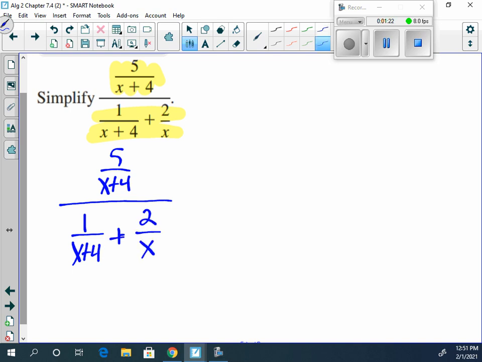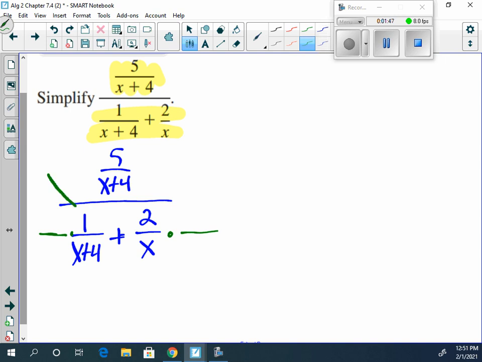we need the denominators to be the same, because if the denominators are the same, then we can add them together. So this is kind of what we did last Thursday and Friday, adding and subtracting these rational expressions.